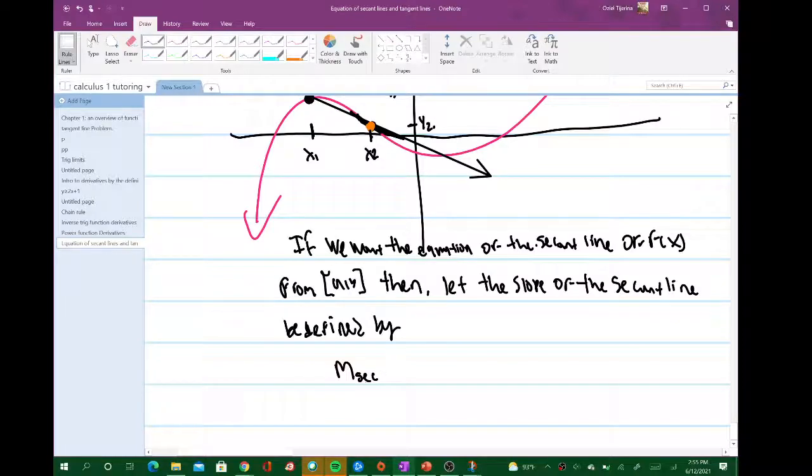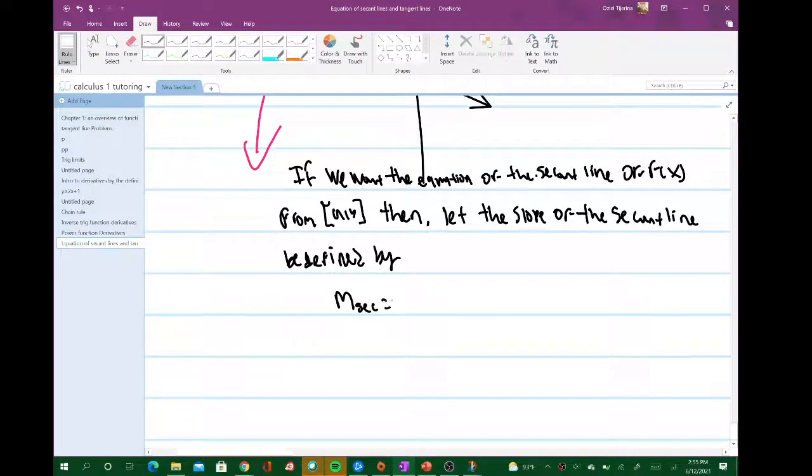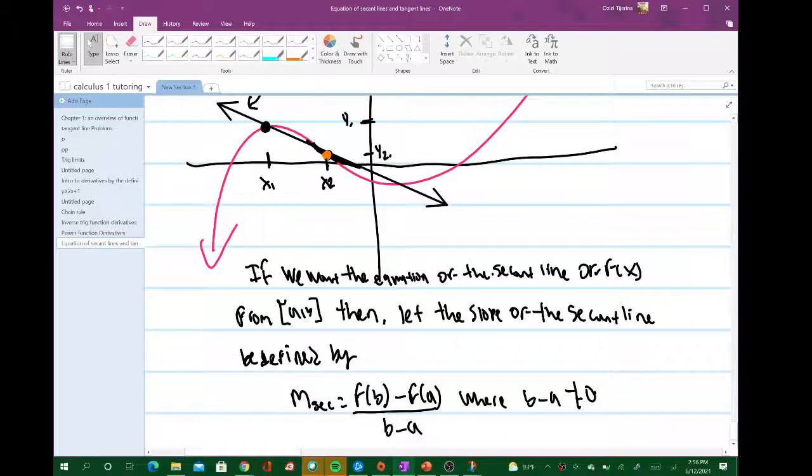So the slope of the secant line, this is how we read it: m sub secant is equal to f of b minus f of a over b minus a, where b minus a does not equal 0.